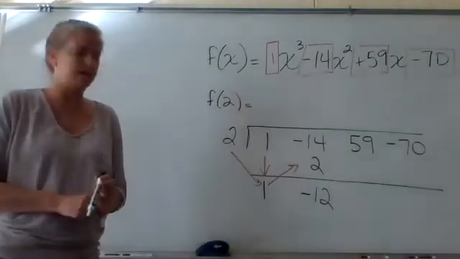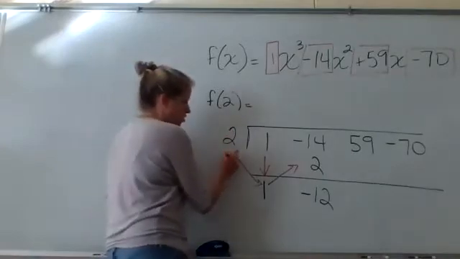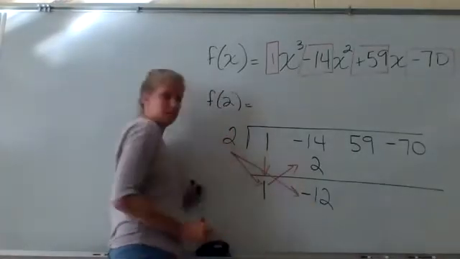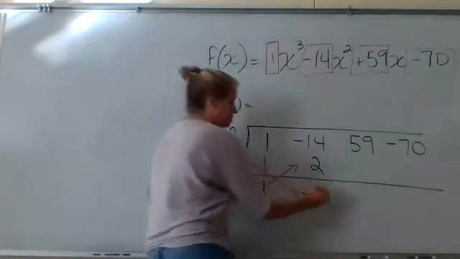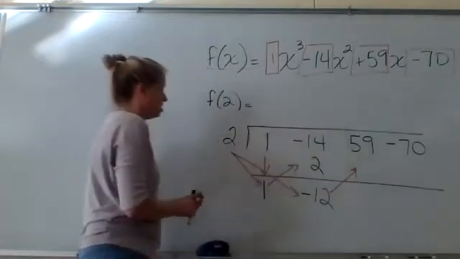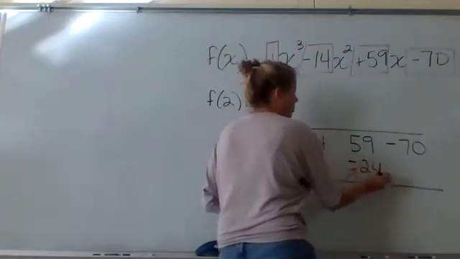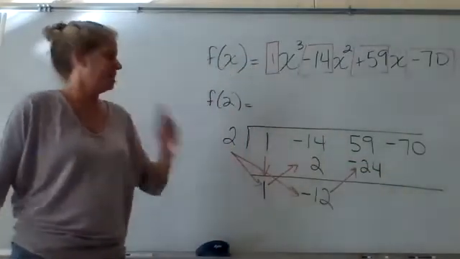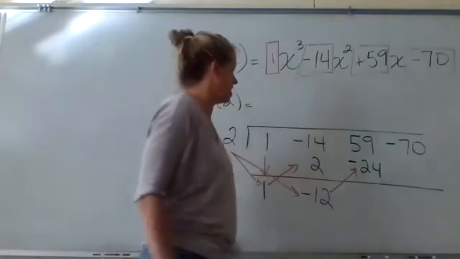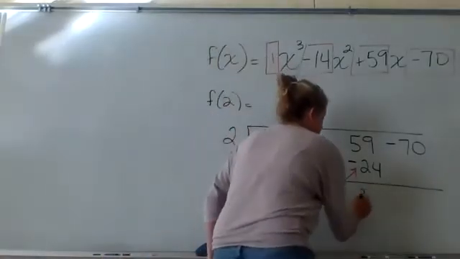And then I start the process over again. This 2 times negative 12, put my answer here. So 2 times negative 12 gives me negative 24. And then add that straight down. 59 and negative 24 is 35.